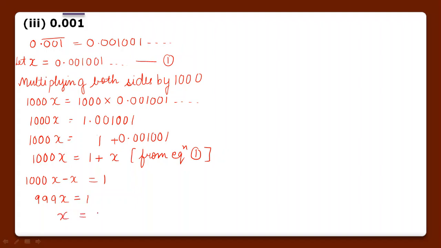What is the value of x? 1 upon 999. हमने इसको p upon q की फॉर्म में रिप्रेजेंट कर दिया, where p and q are integers and q not equals to 0.